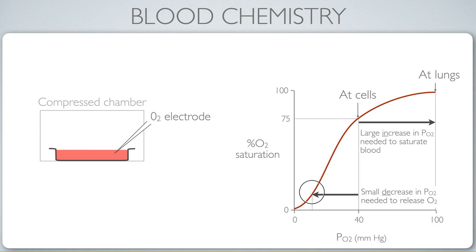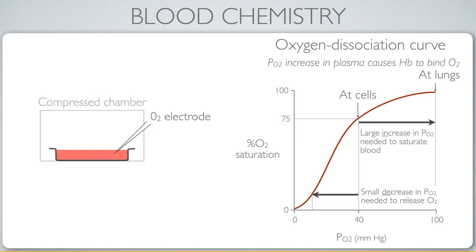So when the blood encounters an environment that has a very low partial pressure, something like 10 millimeters of mercury, then it's going to liberate oxygen and make it available to the cells. Now, this relationship is known as the oxygen dissociation curve. The partial pressure for O2 increases in the plasma, and that causes hemoglobin to bind O2.